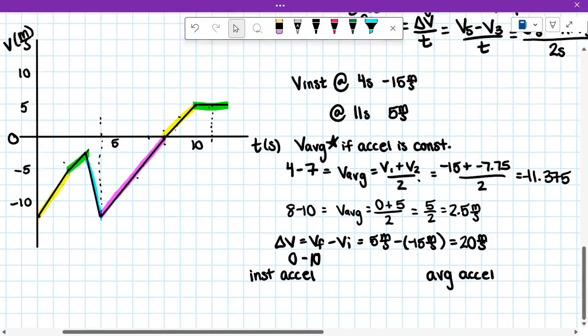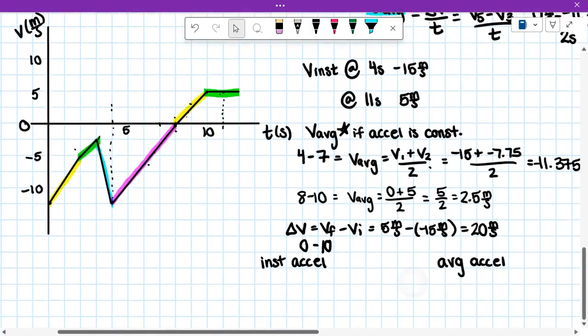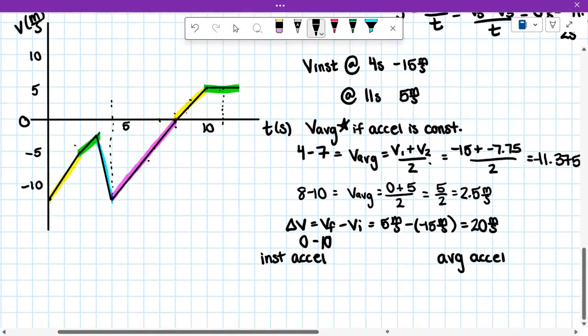So the slope of a velocity versus time graph represents rate of change of velocity, or the slope of the graph represents the acceleration. So if I wanted to find the acceleration at 1 second, I would need to find the slope of the line that time 1 second is on.